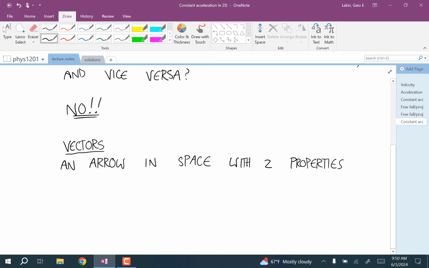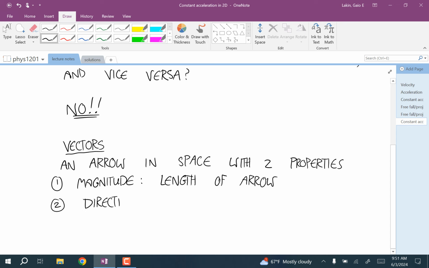The first one is a magnitude, and that's the length of the arrow. And the second one is a direction. That's just the direction that the arrow is pointing.